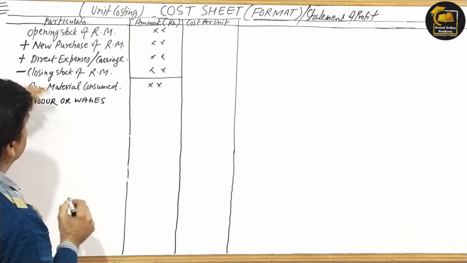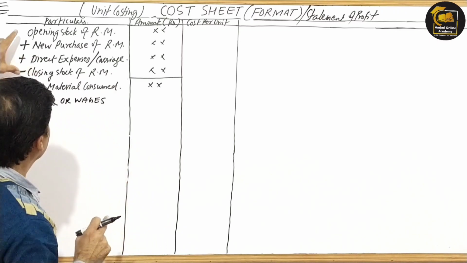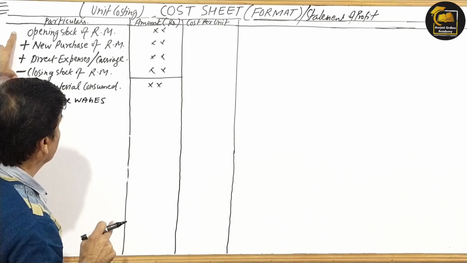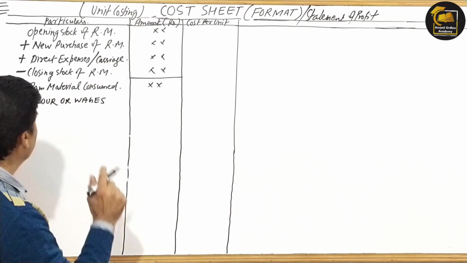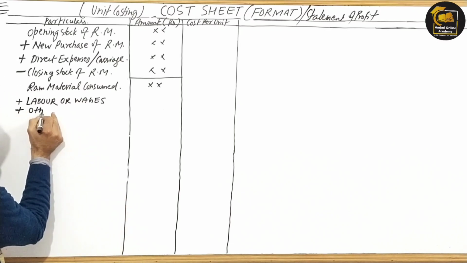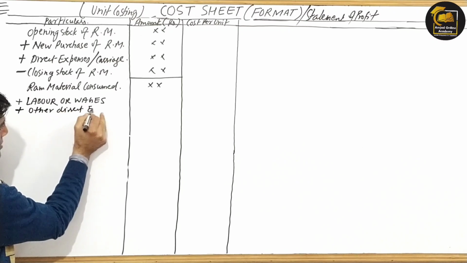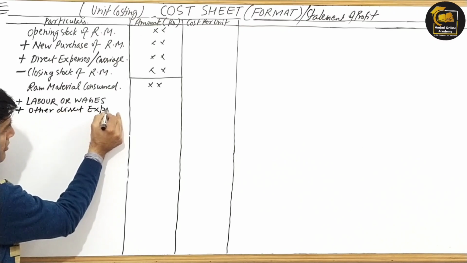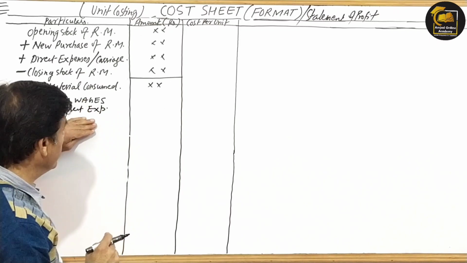So there are two main components right here, one is material or material expenses, another is the labor or wages, plus other direct expenses. If any other direct expenses are given in the question, that has to be added here.